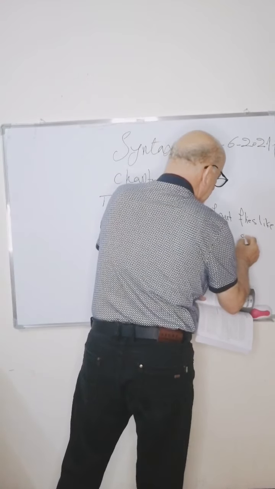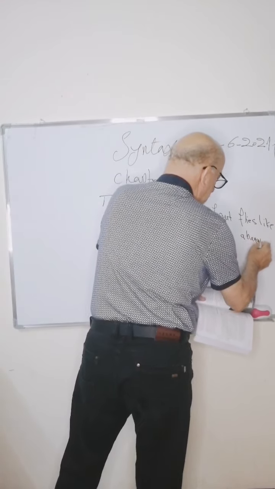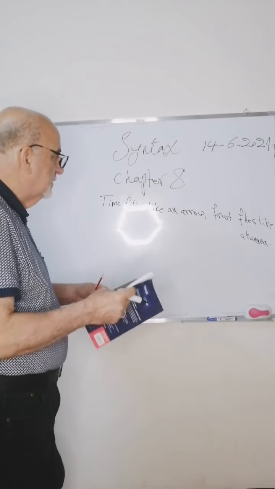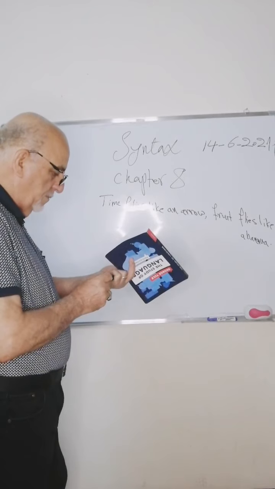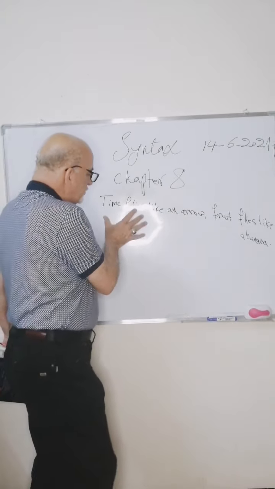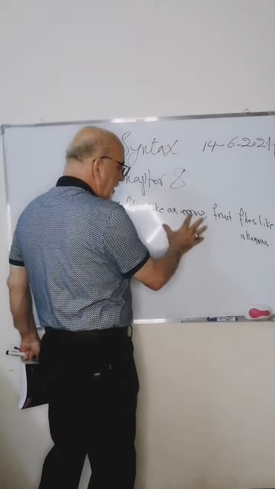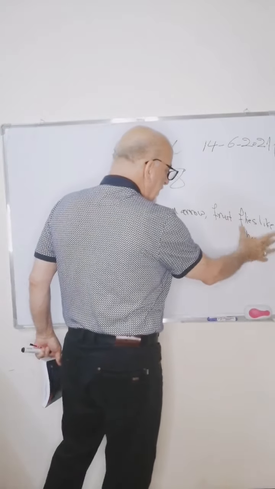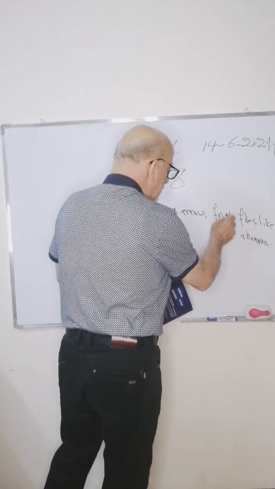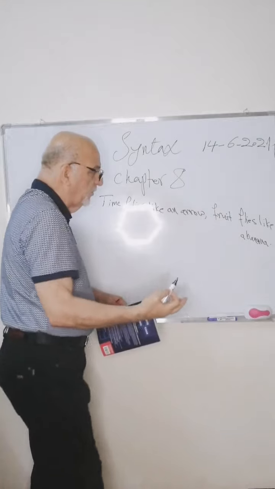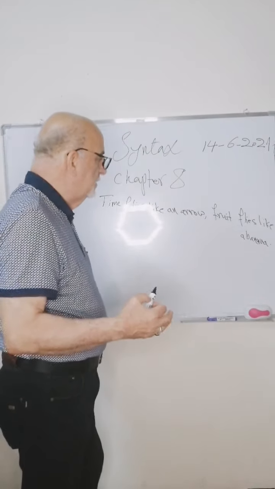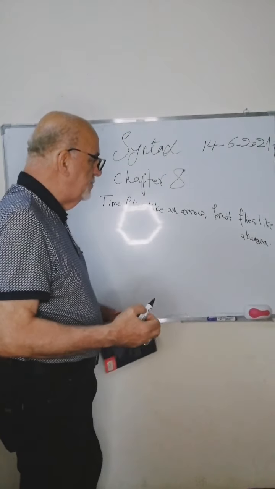I write it here. Now, these two sentences: time flies like an arrow, fruit flies like a banana. Time flies like an arrow. Fruit flies like a banana.